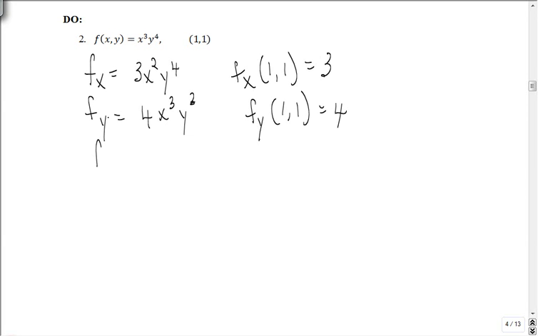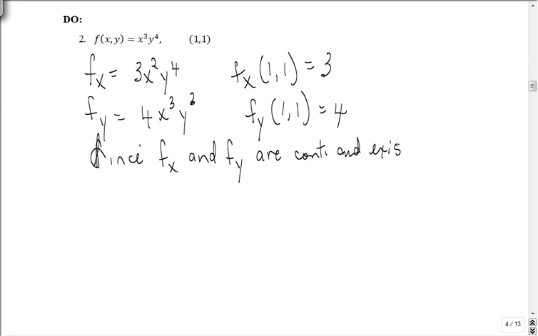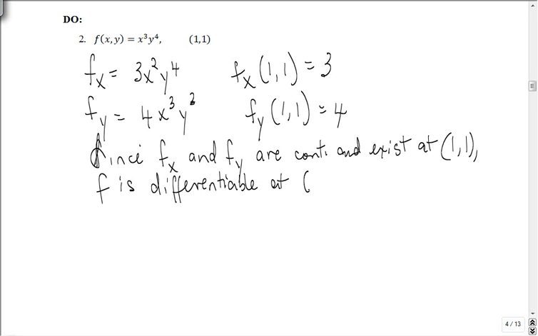Now both of these you should say right away, since fx and fy are continuous and exist at 1, 1, f is differentiable at 1, 1. Okay, so you need to say that.